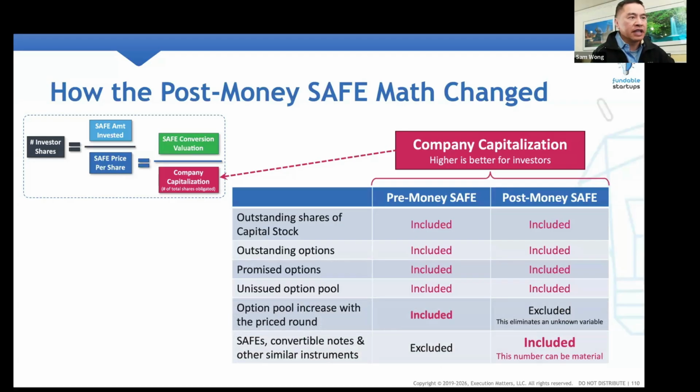Where it starts to differ is down here at the bottom. Pre-money safe includes the option pool increase with the priced round. So many investors will ask that after the investment is done, the stock option pool be topped off to 10%, 12%. 10% is probably the most common number.